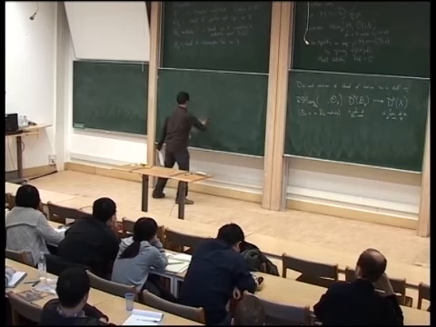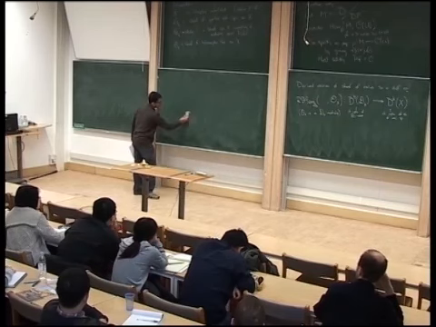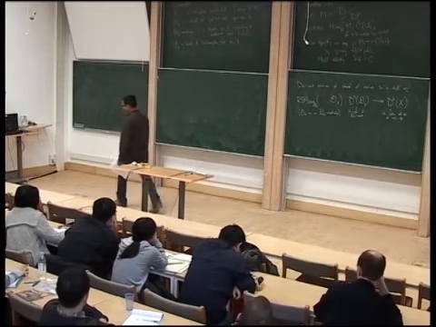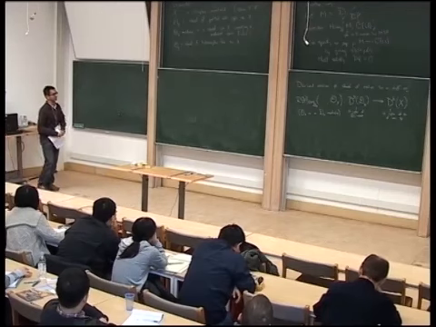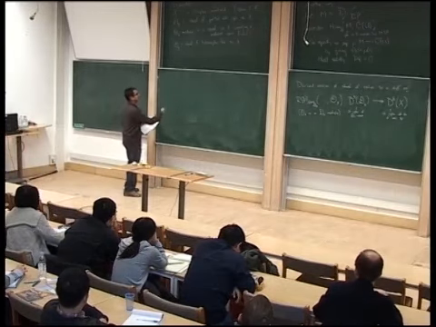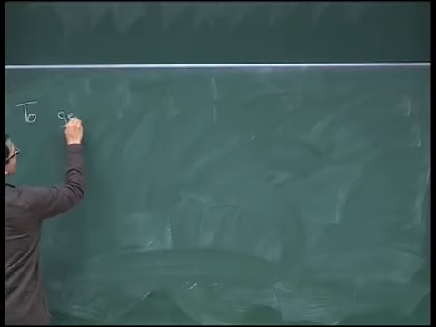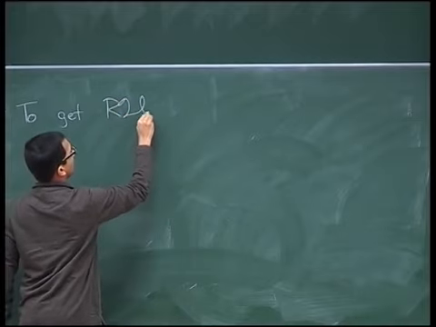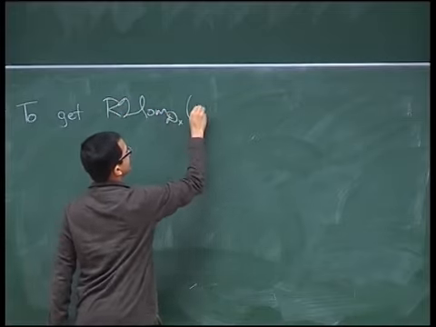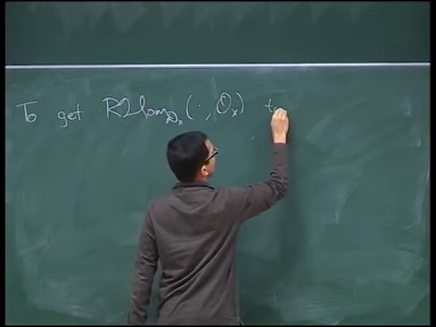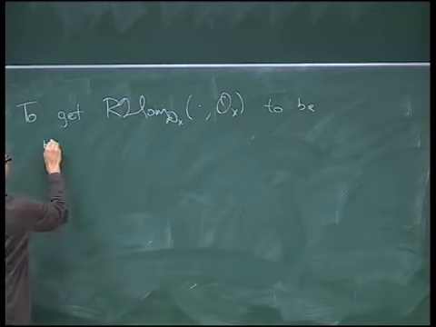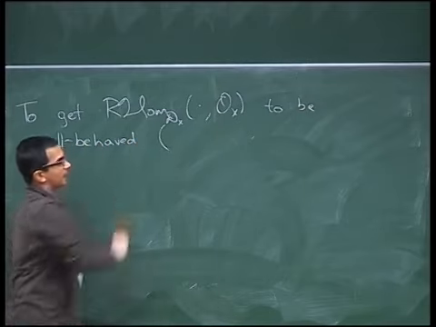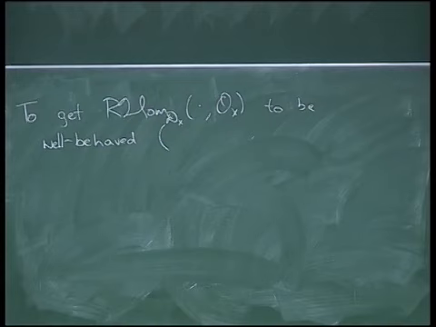That's something that we'd like to see how to achieve in higher dimensions. The problem is that if you just write down a partial differential equation in several variables, it can easily happen that the solution space is infinite dimensional. So to get this functor R Hom_{D_X}(-, O_X) to be well behaved, the first thing I mean by well behaved is that the solution spaces should be finite dimensional.